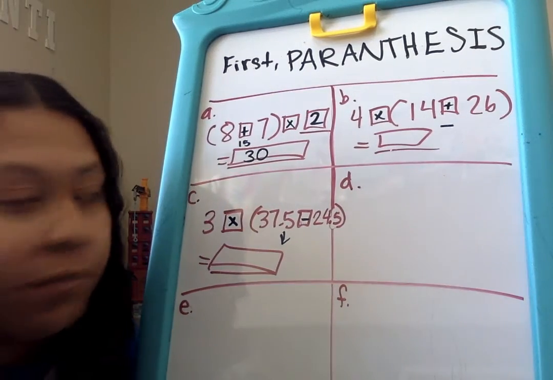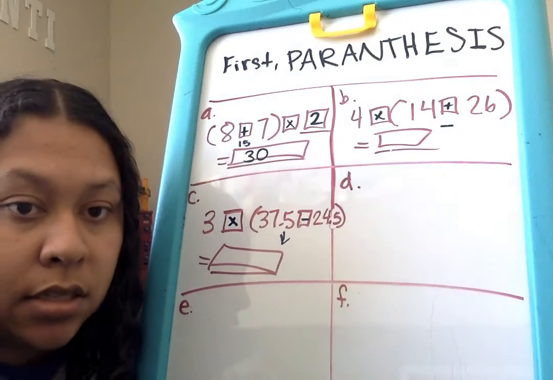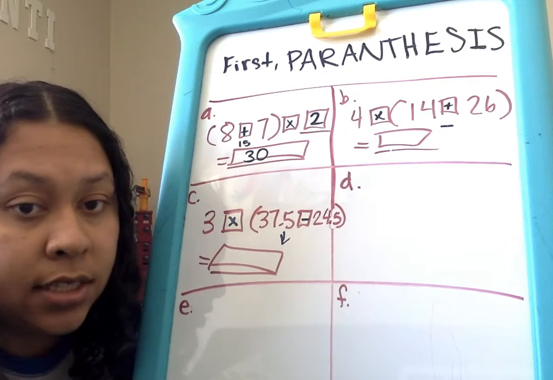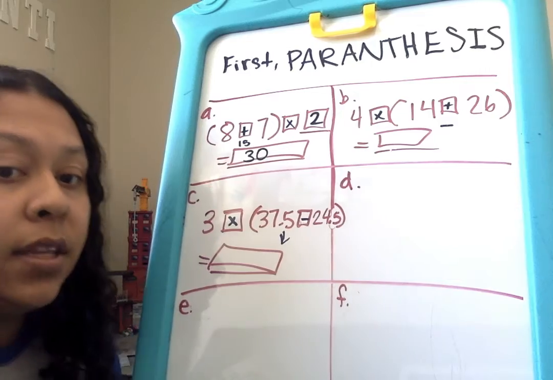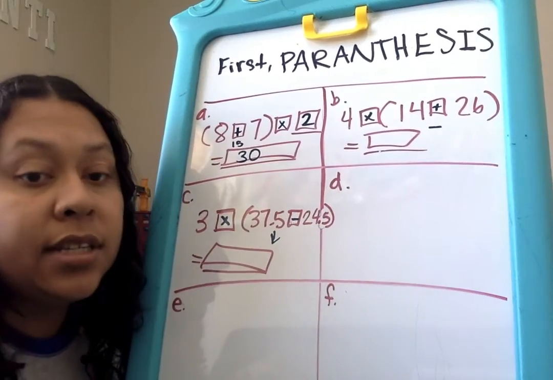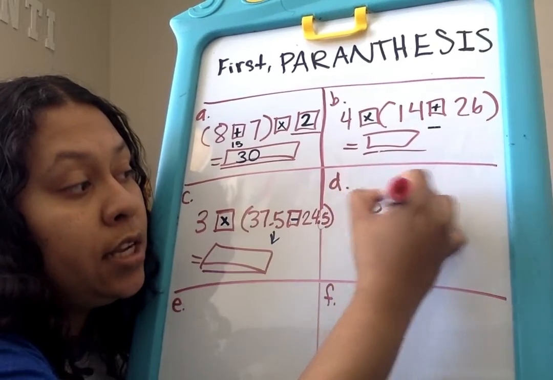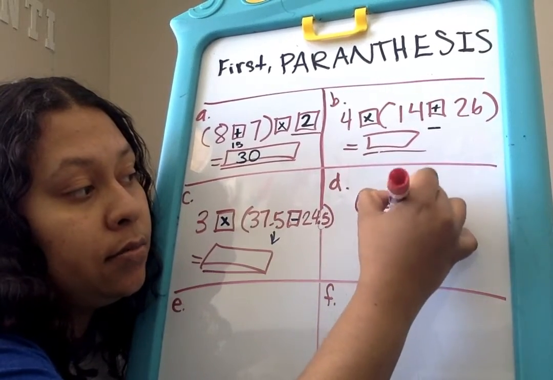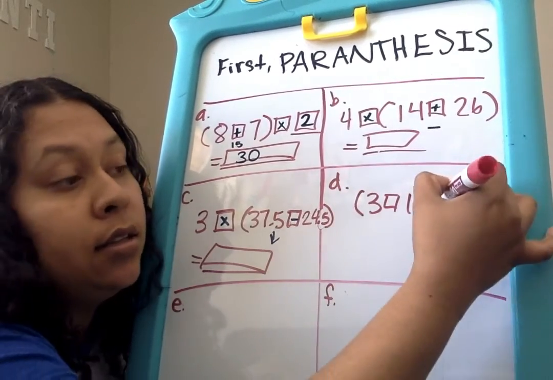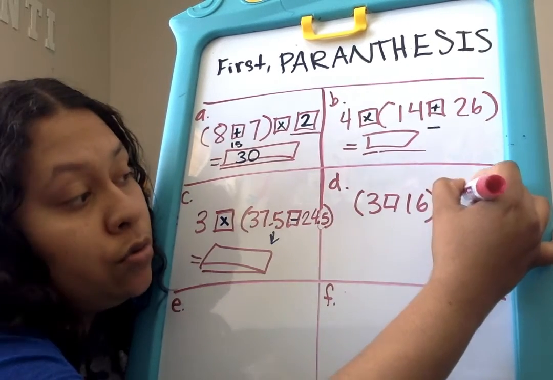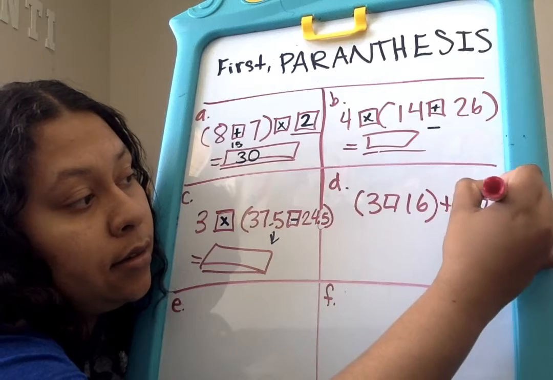Okay, next we have D. So D says the sum of 3 16s and 2 9s. On your assignment, I already plugged in that it means 3 16s blank, the sum 2 9s.